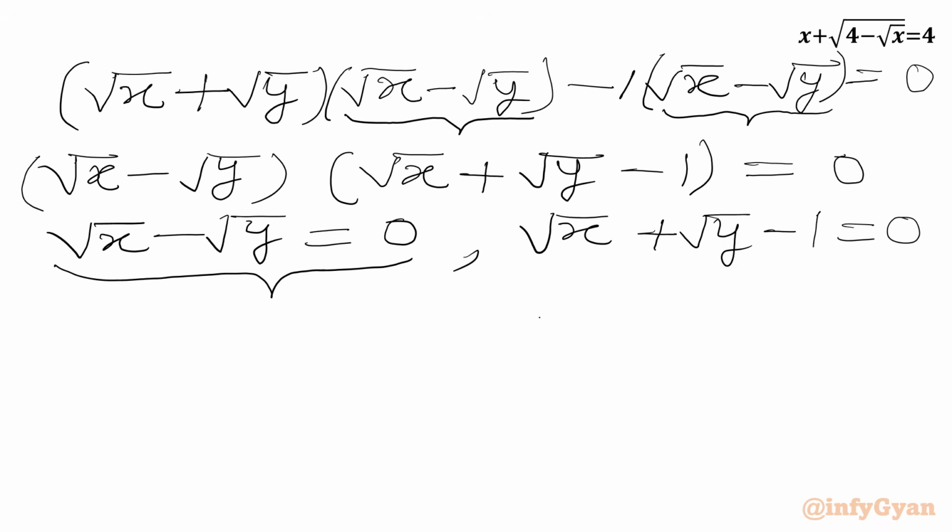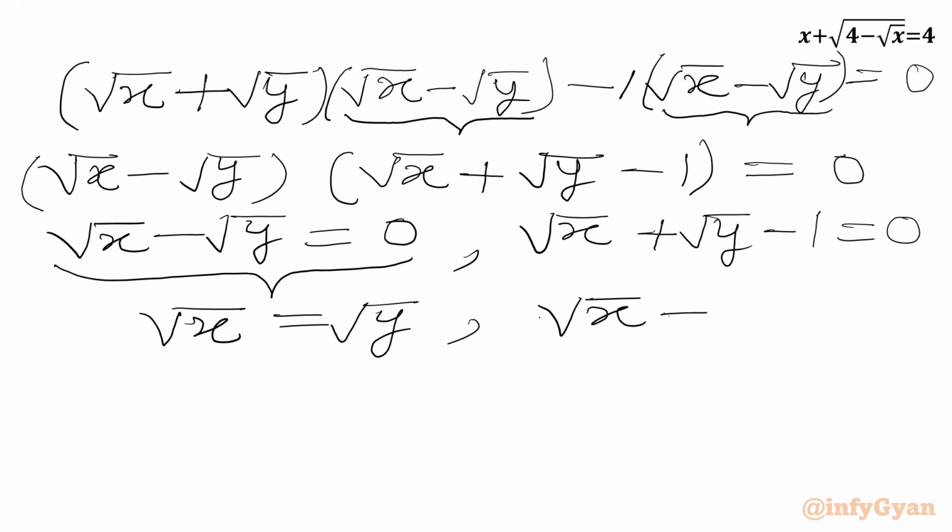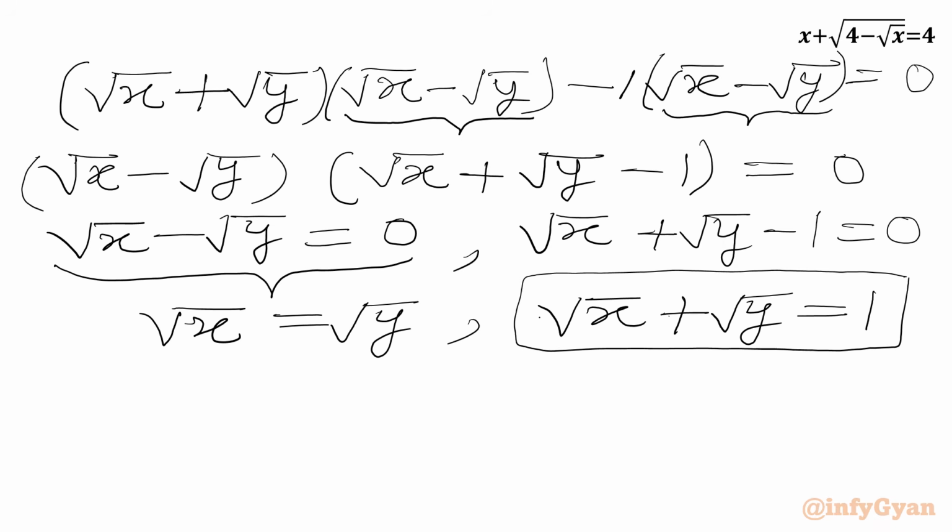So from our first factor we will get square root x equal to square root y. And from our second factor we can write square root x plus square root y equal to 1. So we have to solve these two equations for the real values of x.